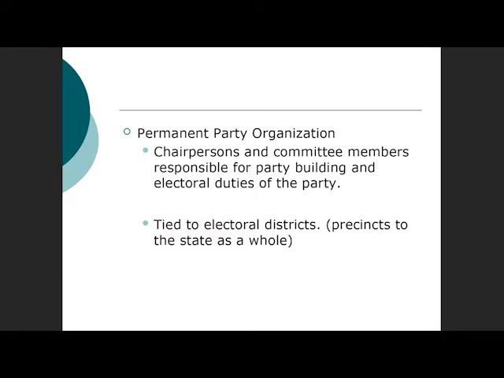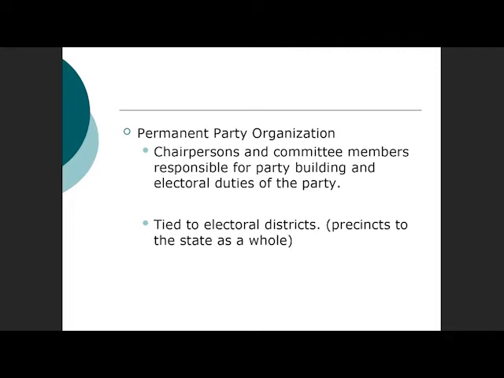These are people that have a title usually that goes with their job, right? So you could be the state chairperson for the Texas Republican Party. Well, your job is to lead the party on a day-to-day basis, making sure that the bills are paid and that the offices are open and that you have staff working, right? I mean, and so you're working in a position for the political party.